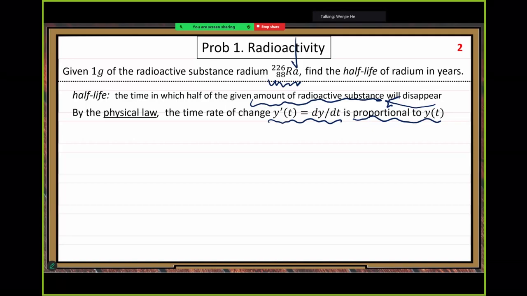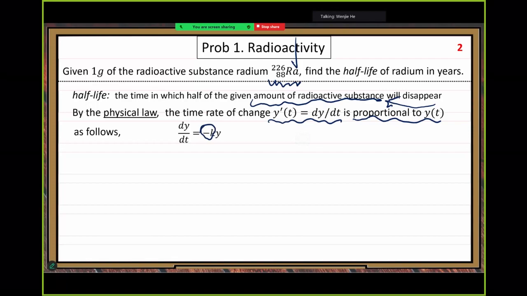Based on this law, we can write a differential equation. This is the differential equation: dy over dt, the derivative of the y function, equals negative K times y, proportional. We know proportional means some constant multiple of.